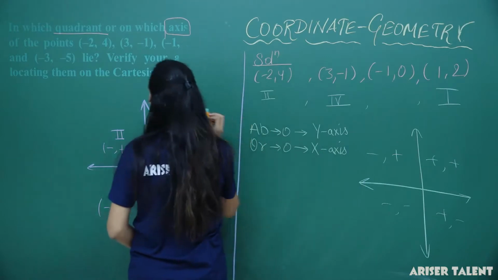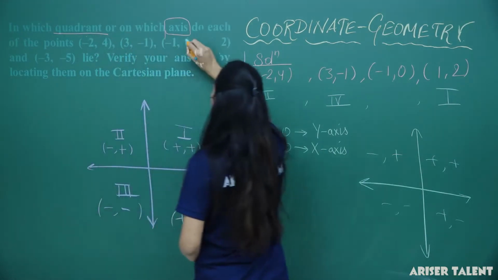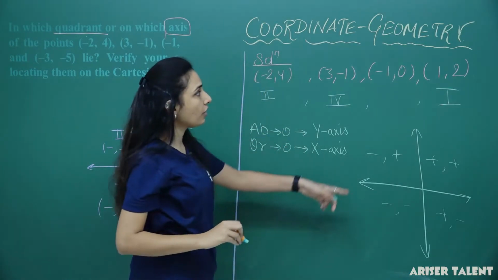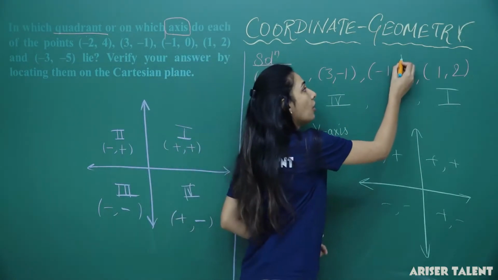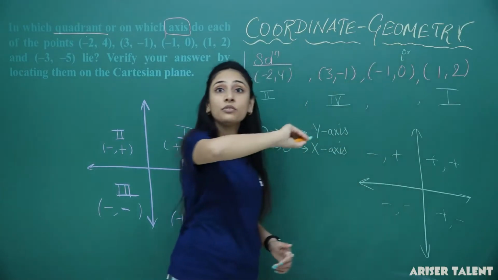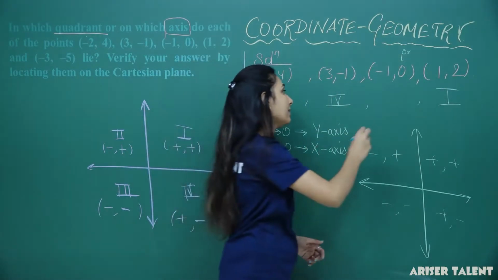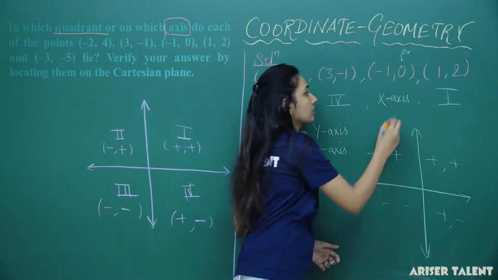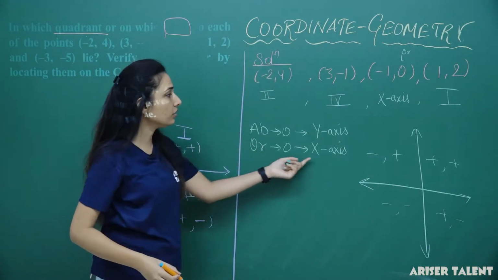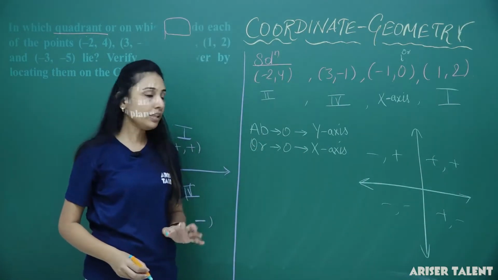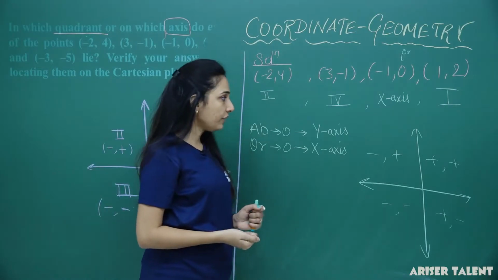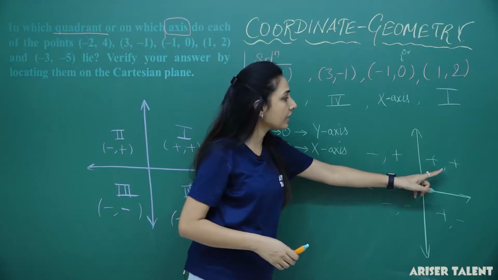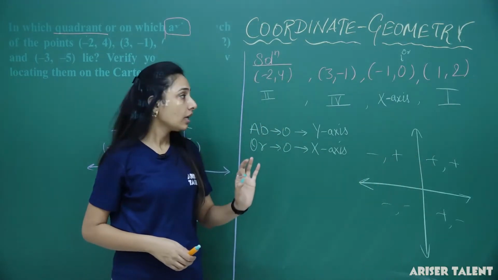Now the question asks again, quadrant or on which axis. In this case we have ordinate 0, that means the x axis. Simple. We have written this only by looking at the coordinate signs.